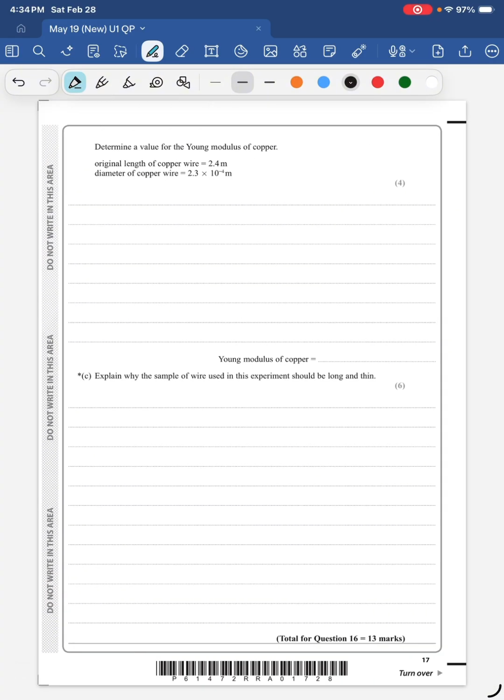So, determine a value for the Young modulus of copper. We are given the original length of the copper wire and the diameter. So, let's start with the definition. Stress is force per cross-sectional area, so pi r squared, and strain, not extension, is equal to delta x, which is extension, over the total length. So sigma is E times epsilon, with E the Young's modulus.